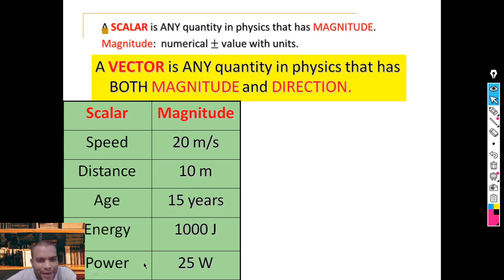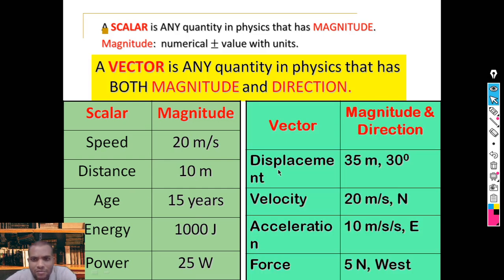But some physical quantities, like displacement, according to the definition, the shortest distance between initial and final position, should be represented with magnitude and direction. Velocity is displacement upon time. So if displacement is a vector, velocity is also a vector. And force and acceleration. When we deal with these physical quantities, especially vectors, we need to think much more carefully about their direction.